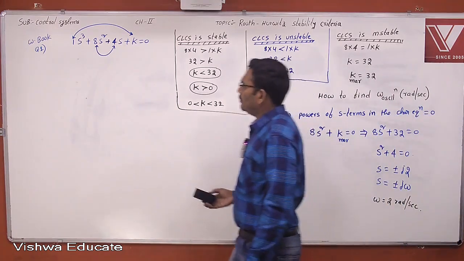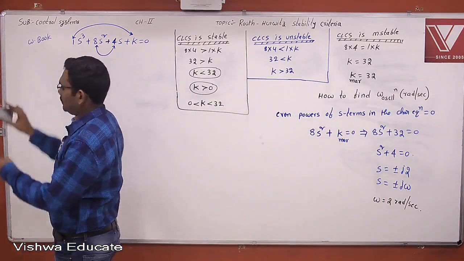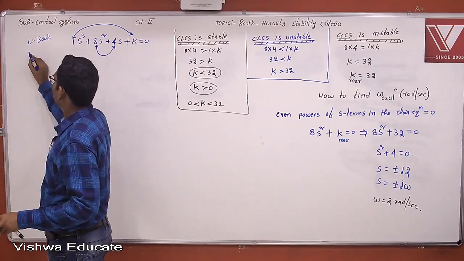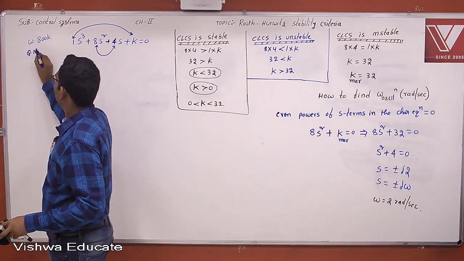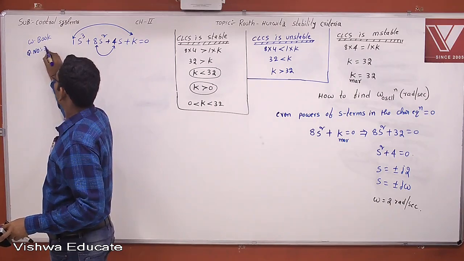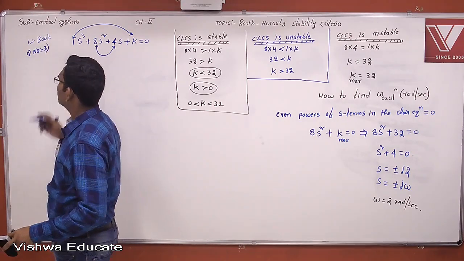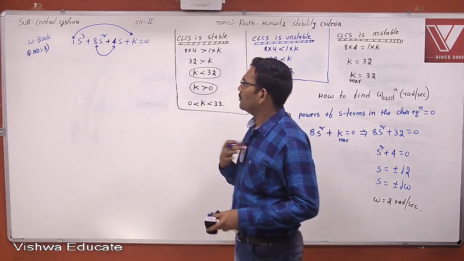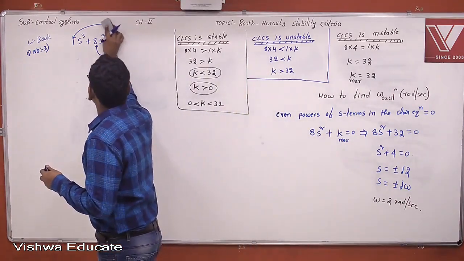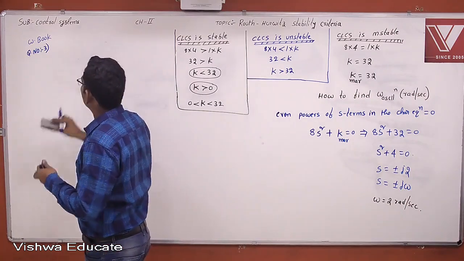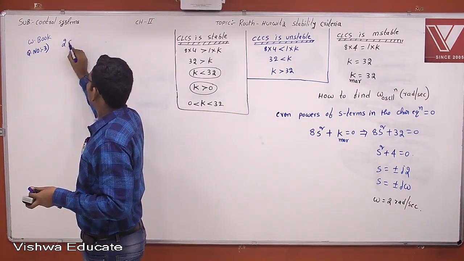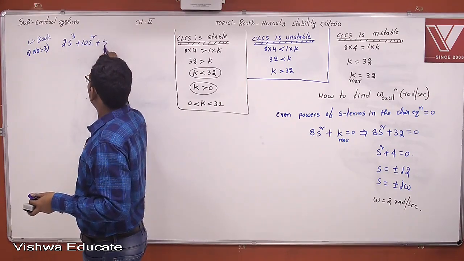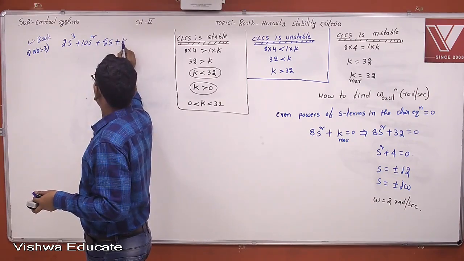Now this is question number 3. What is question number 3? The question is 2s cube plus 10s square plus 5s plus k equal to 0.